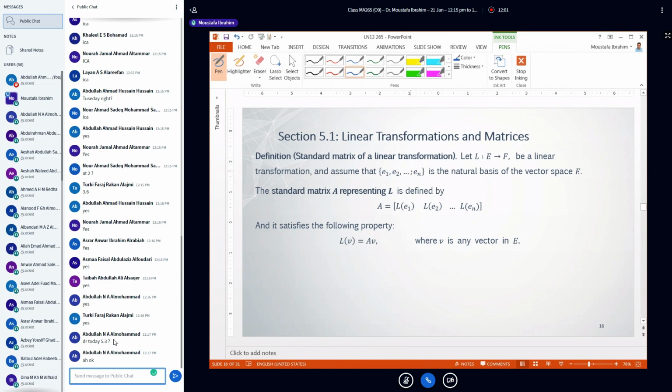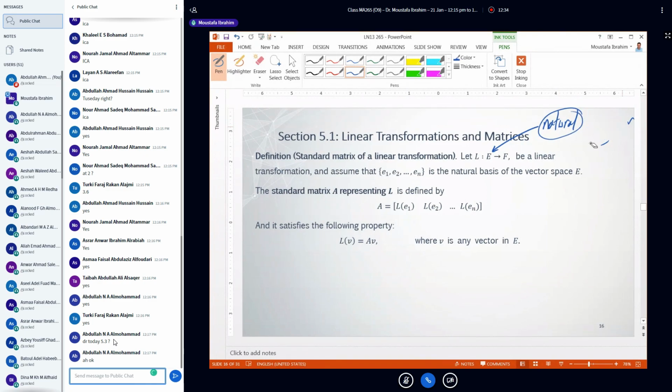Okay, now, if we have a linear transformation L from E to F, a departing vector space and an arrival vector space, to define the standard matrix we need the natural basis for E. What do we call instead of natural basis? We call it the standard basis.